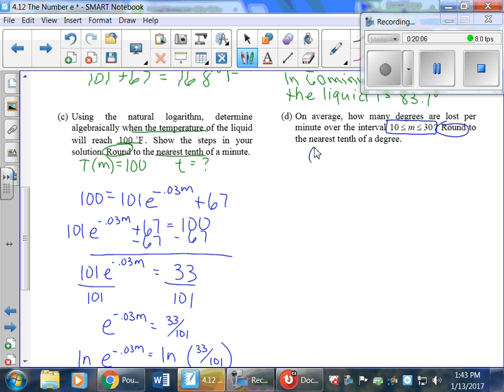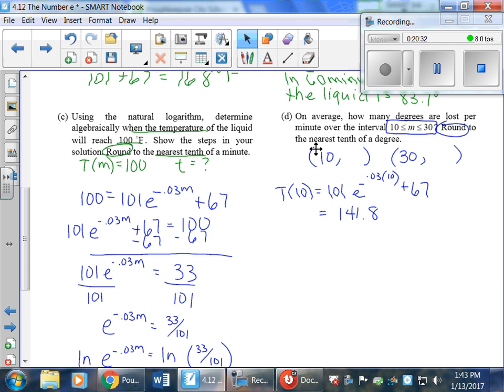We know that one of our points is 10 comma something, and the other one of our points is 30 comma something. So in order to find the y value for the 10, we're going to say T of 10 is equal to 101 times e to the negative 0.03 times 10 plus 67. You put this whole thing into your calculator and you get 141.8.